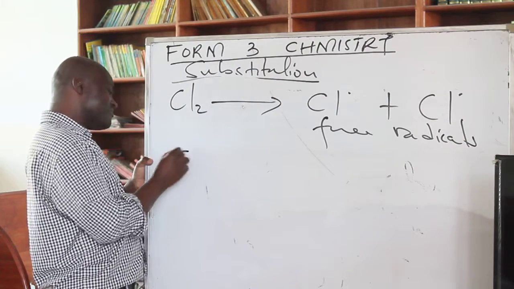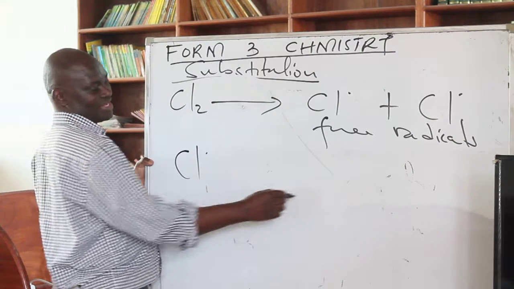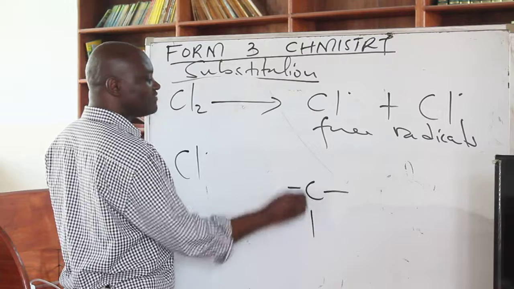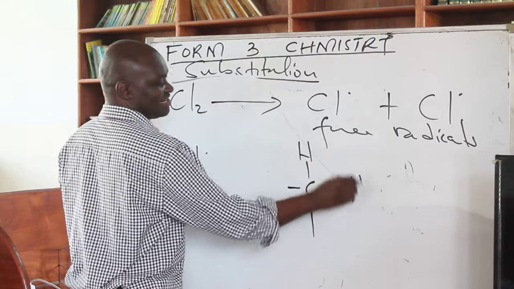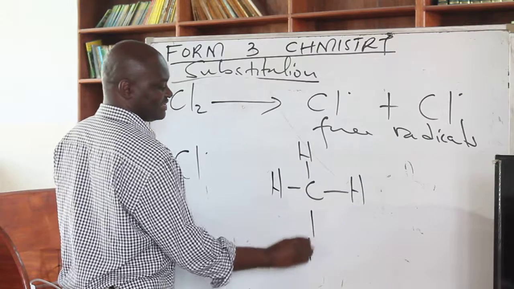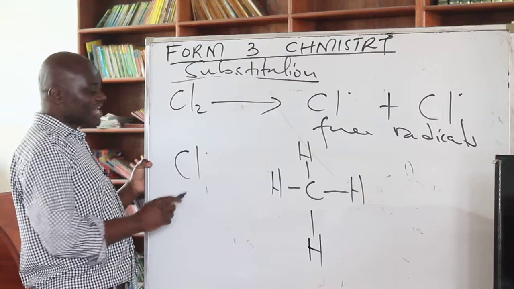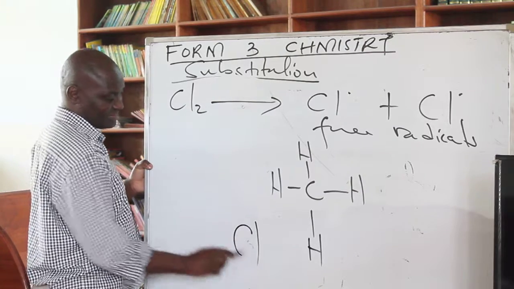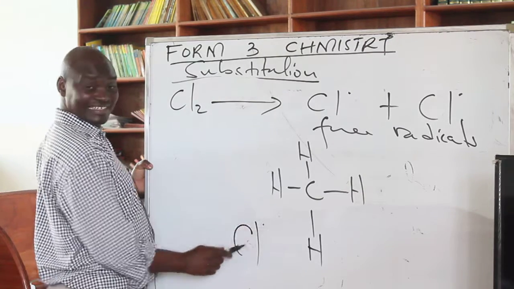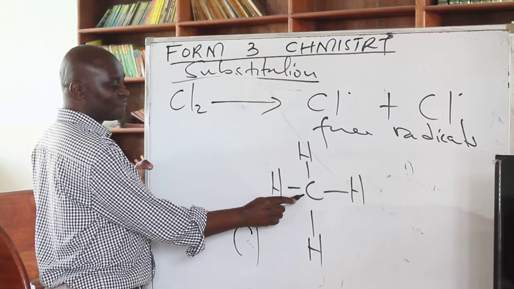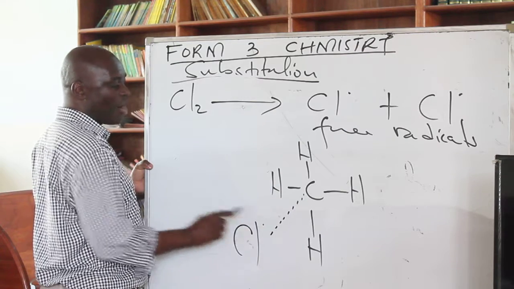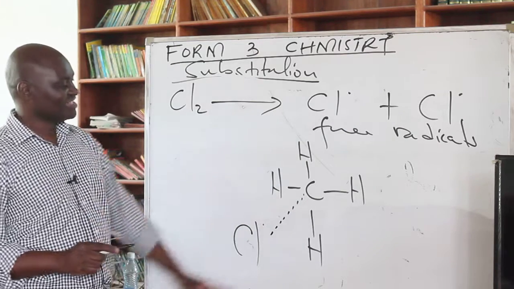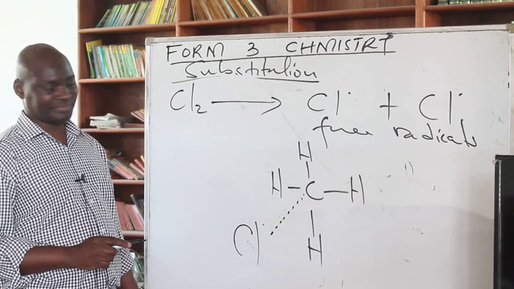Then the free radicals, if for example we have methane, the free radicals will move and then they will start to form a bond with the alkane.